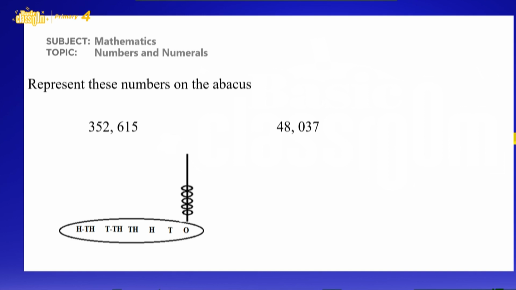Now, let's look at it. Good. I hope you can see what has been displayed on your screen. For the ones, we have 5 counters put on that particular spike. Then for the tens, we have 1.